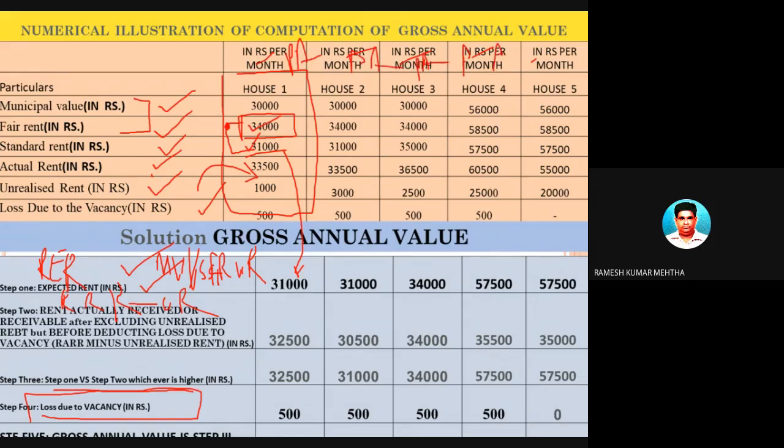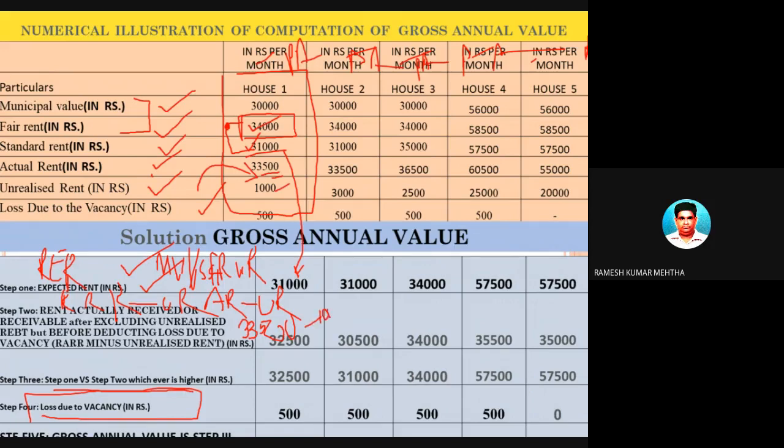Now, step number 2, you have to find out the actual rent at which it has been let out minus unrealized rent. The house has been rented out at 33,500 for the whole year, minus unrealized rent. Unrealized rent is 1,000 rupees.